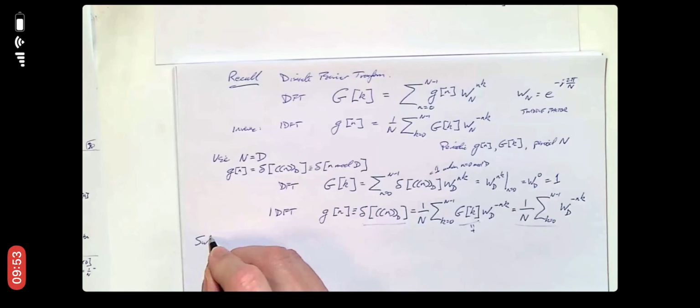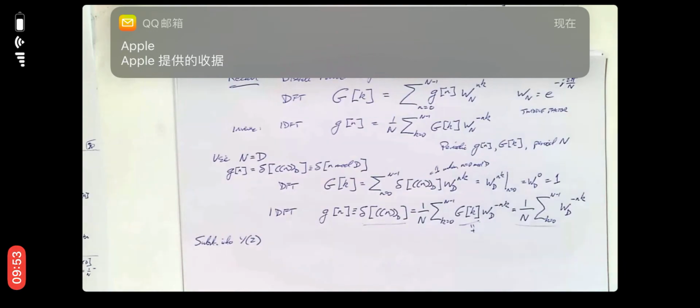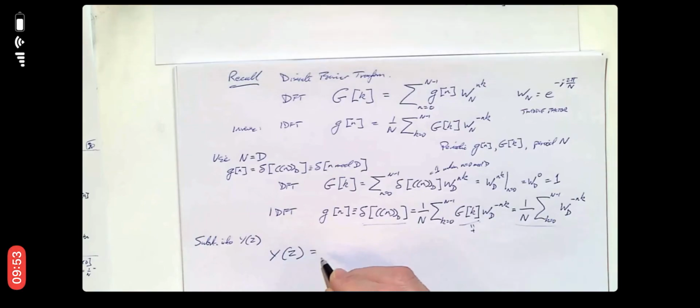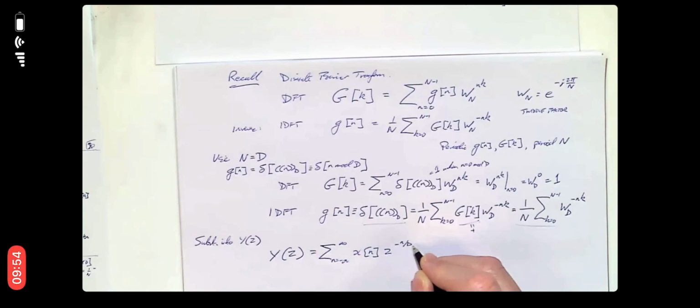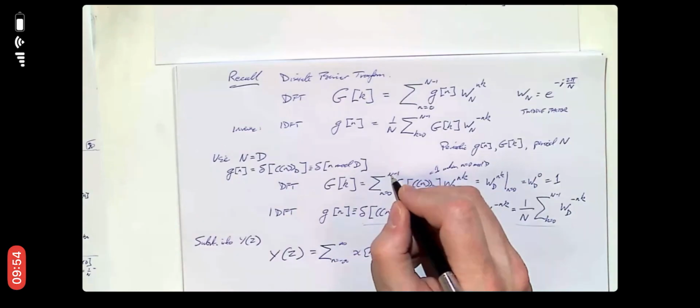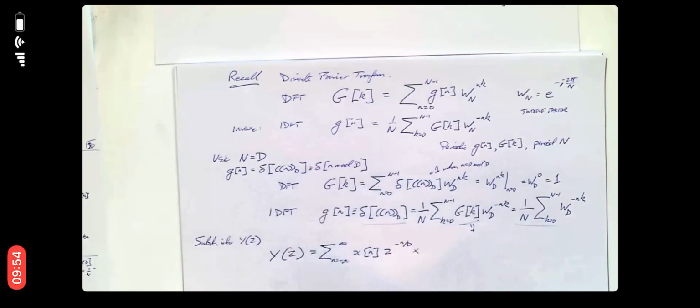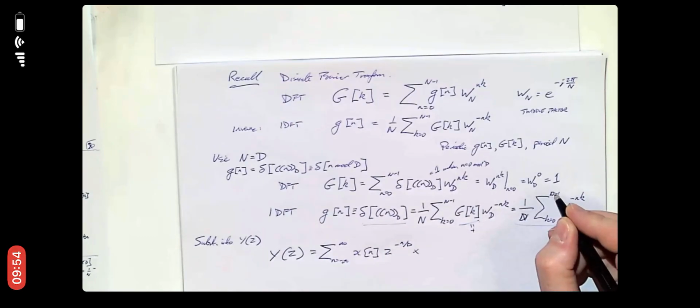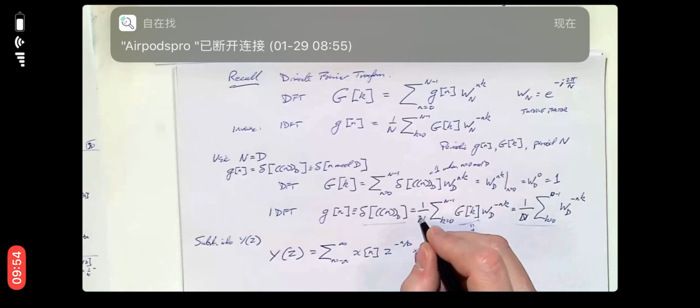So if we now substitute that into our y of z that we had over here, now our y of z is the sum from n equals minus infinity to infinity x of n, z to the minus n over d, times, these n's should, because we used n over d, n is equal to d here, we should have used d really for those instead of n. Would have been better to use d.